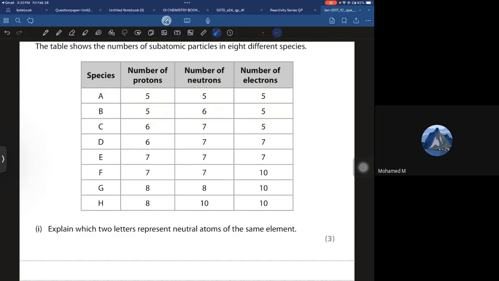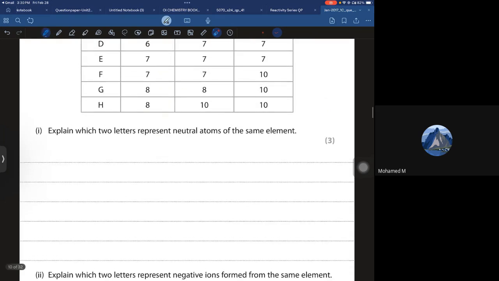So the question was, explain which two letters represent neutral atoms of the same element. I would say that A and B have the same number of electrons and protons.